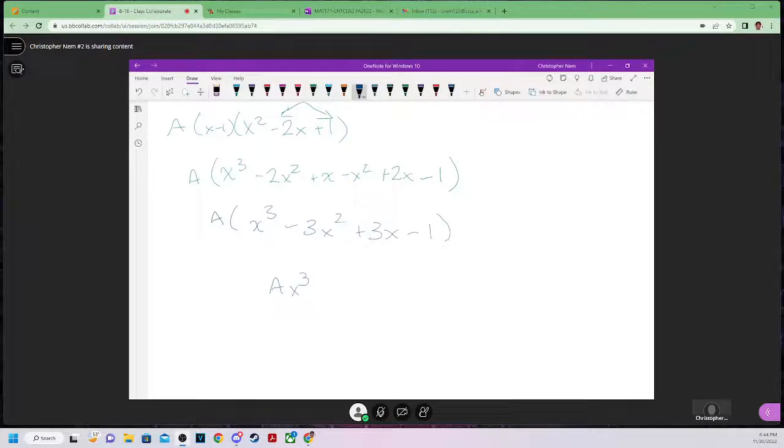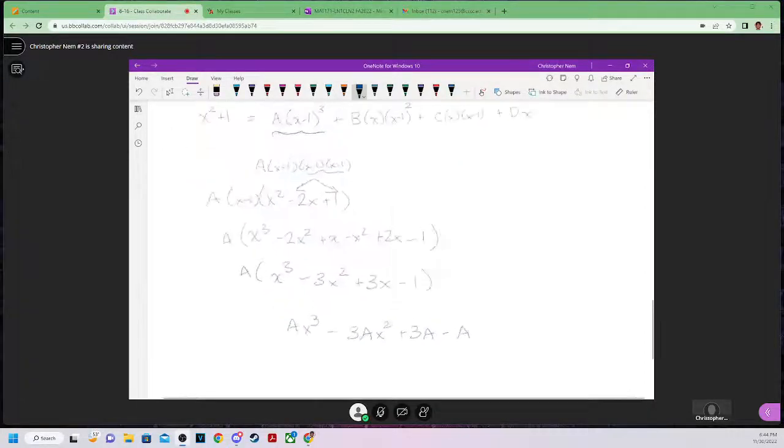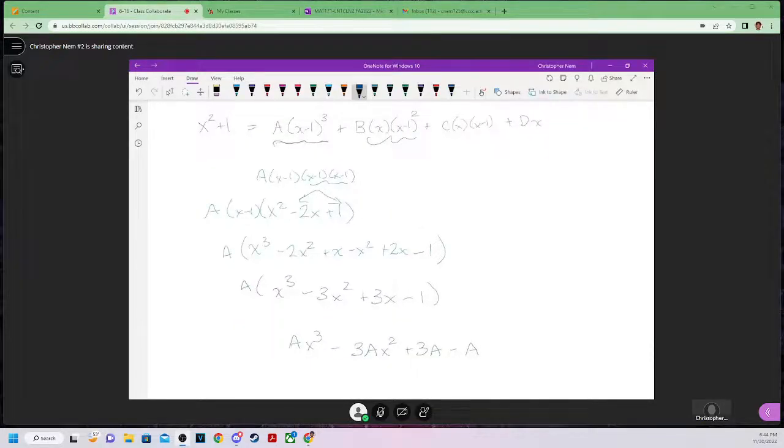Which means if I multiply all of this together for the a term, I have ax cubed minus 3ax squared plus 3ax minus a. And then now I can multiply this piece out. If I multiply the b term out, I'd have x squared. I'm going to FOIL this out. Actually, first I have to FOIL this piece first.